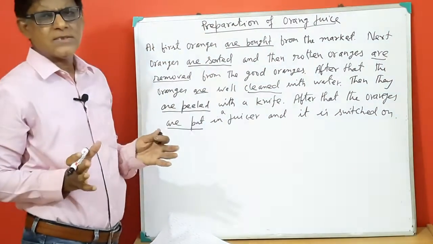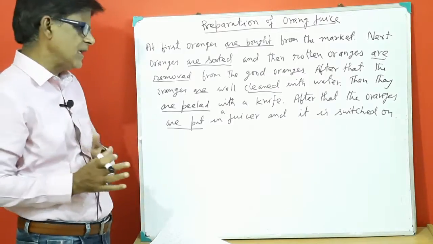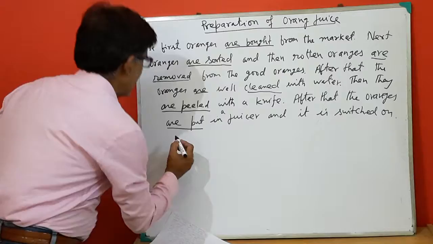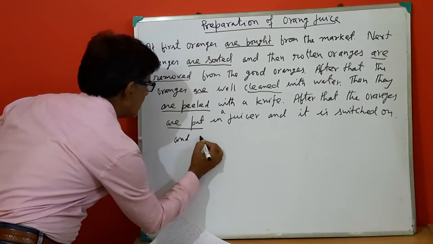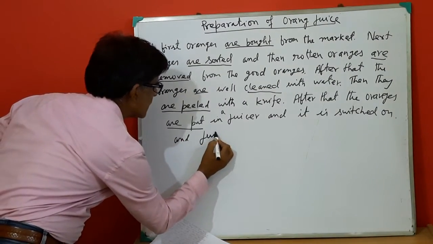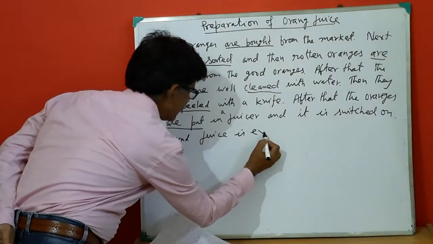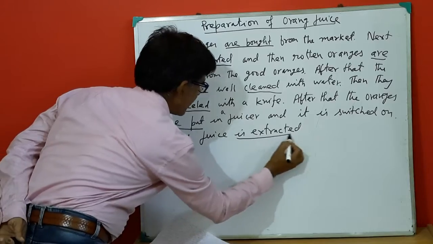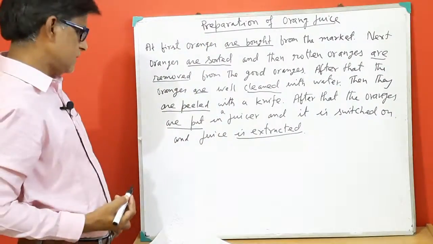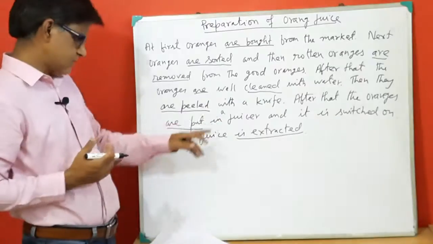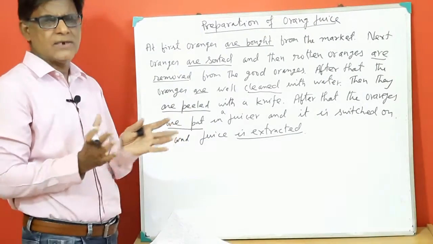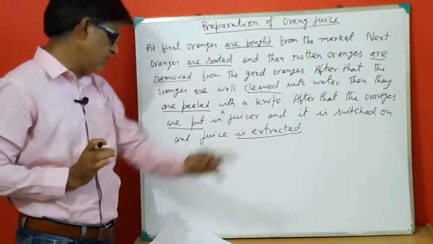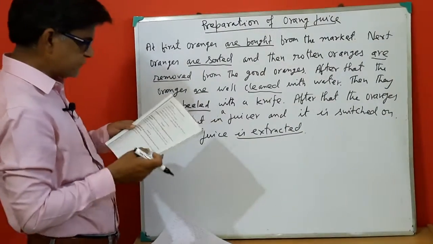If the juicer runs on electricity, then it will have to be switched on, and it is switched on, and juice is extracted.